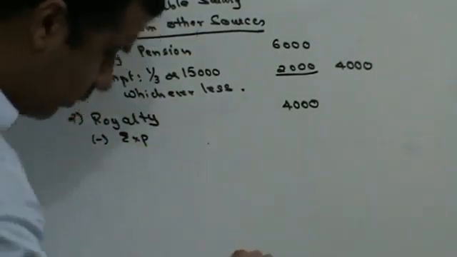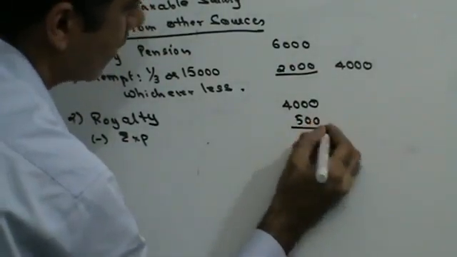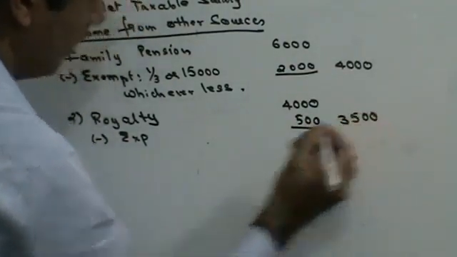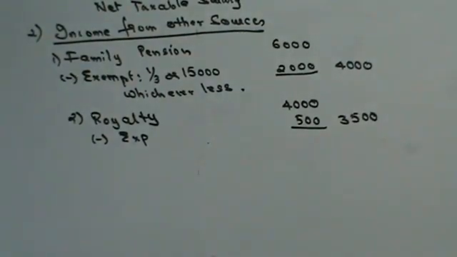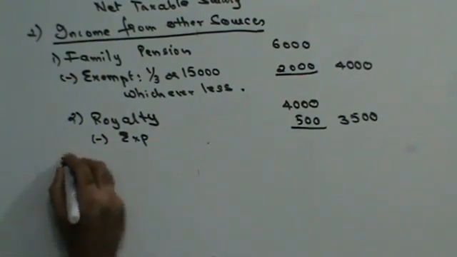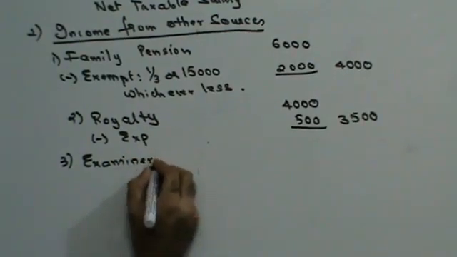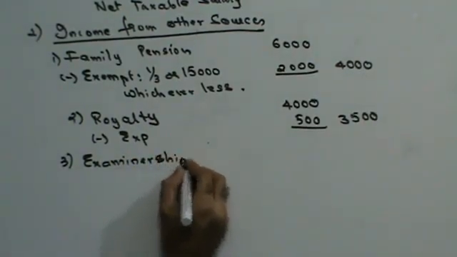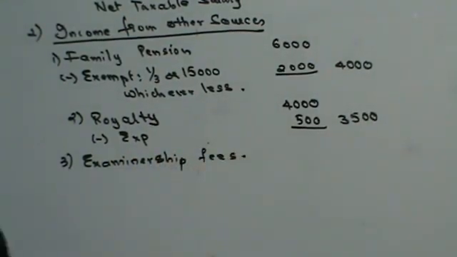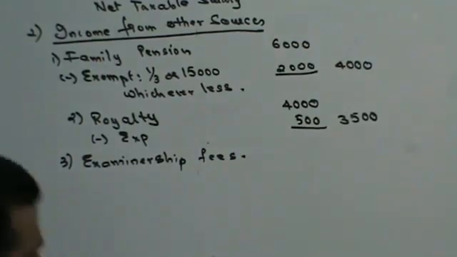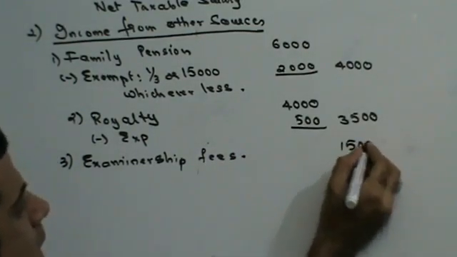So that's 3,500. Next, let's move on ahead. Remuneration for acting as an examiner in university examination, examinership fees from university she's getting is 1,500.